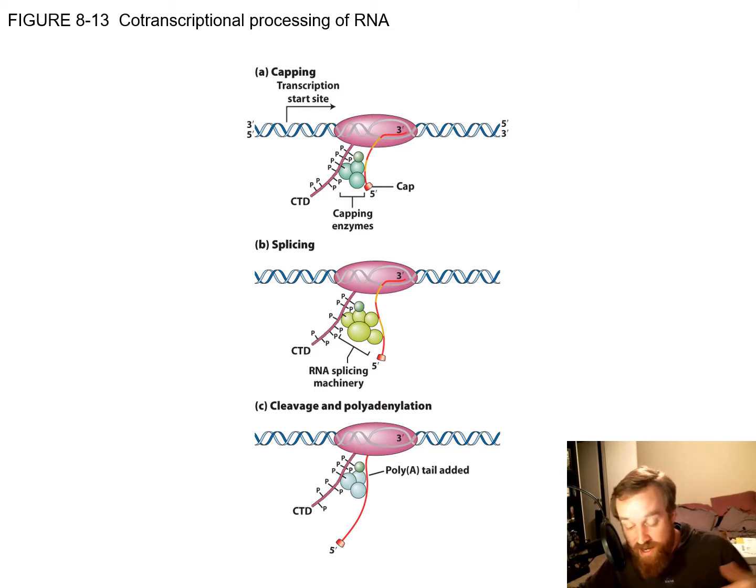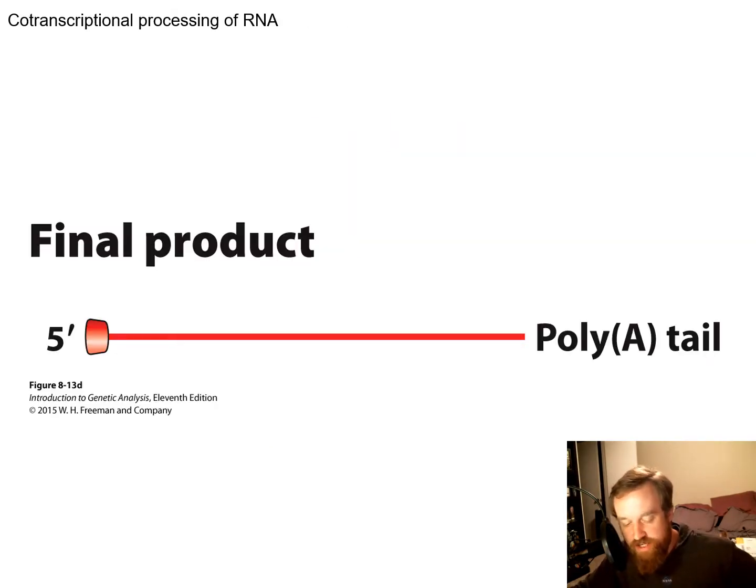Now we have something that signifies the beginning, the 5' end, which was that capped, altered nucleotide, and something that indicates the 3' end, which was that poly A tail. So our finished product is a piece of mRNA that has a capped 5' end and a poly A tail on the 3' end.